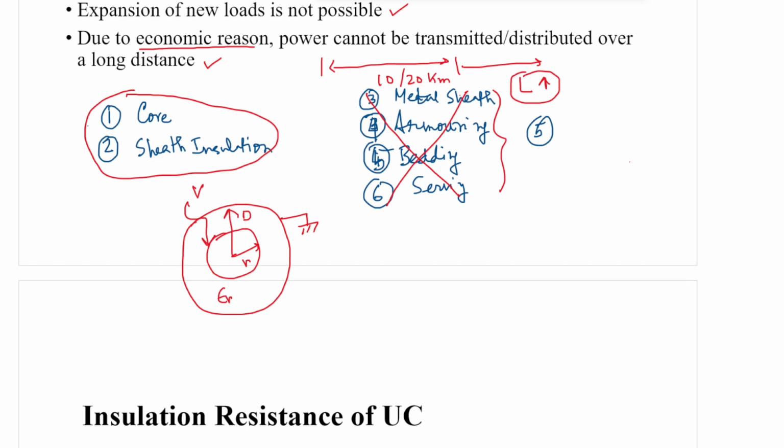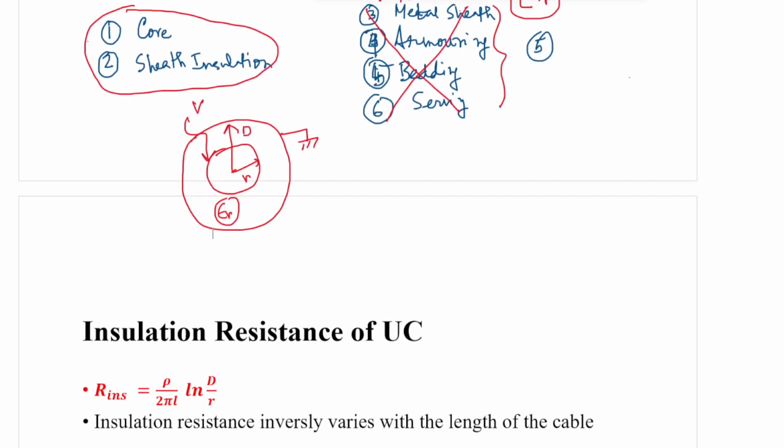So we have a central conductor having radius r. Then we have a sheath insulation having radius d. Line voltage is impressed on the conductor, and we have a dielectric medium having relative permittivity epsilon r. Now in such a cable, insulation resistance is a very important issue, and it is formulated by this formula.